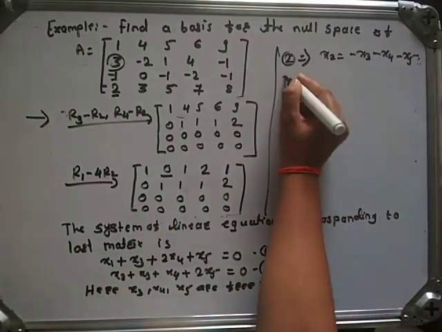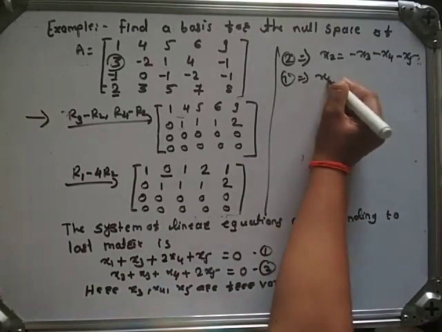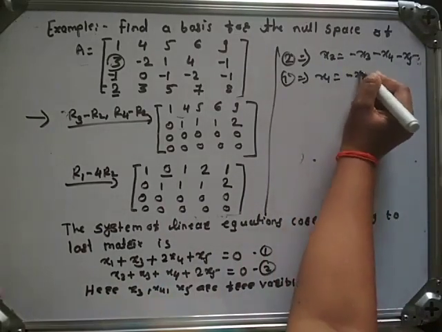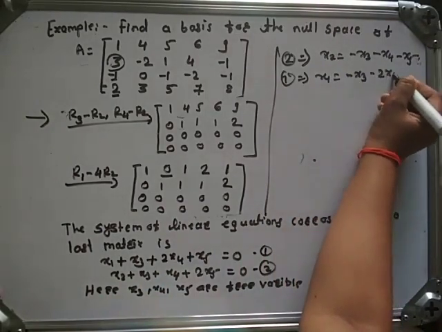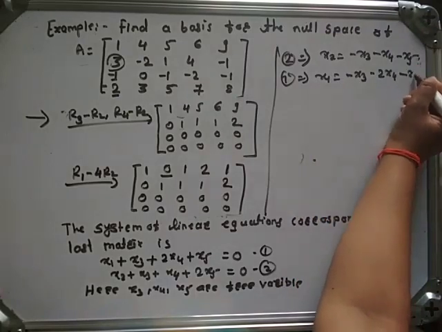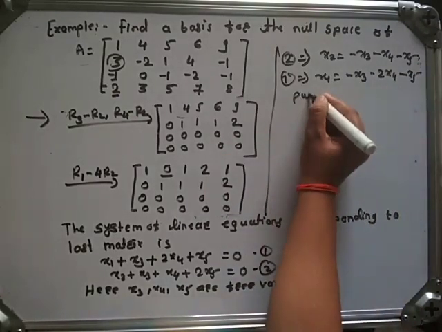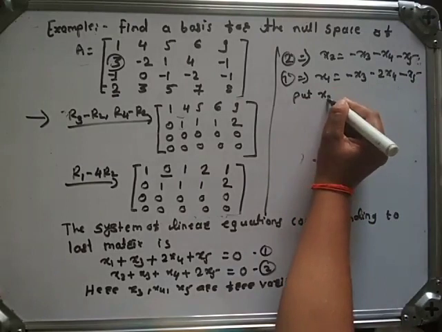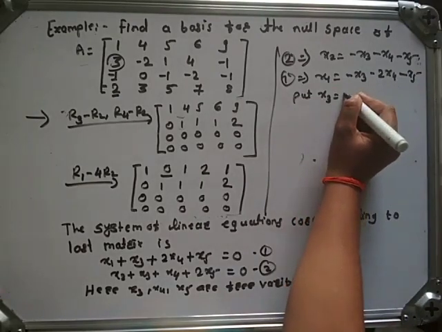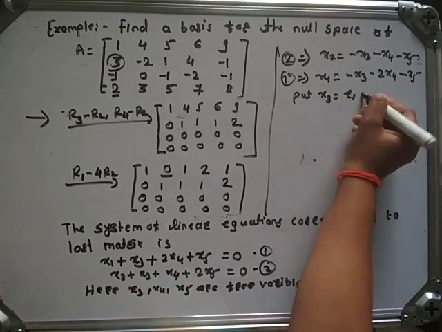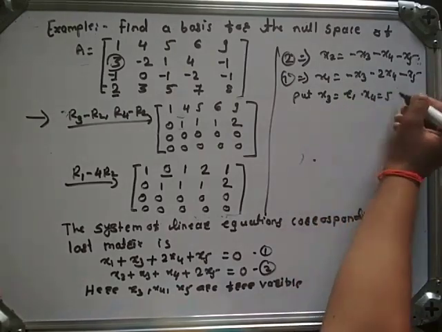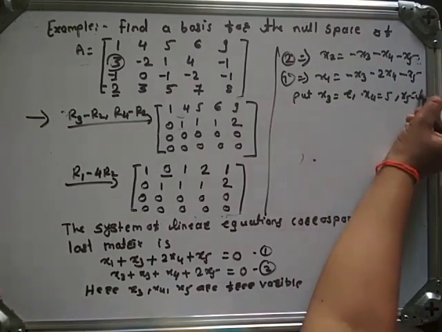Okay. 1 implies x1 is equal to minus x3 minus 2x4 minus x5. Okay. We will put x3 equal to R, x4 equal to S and x5 equal to T.